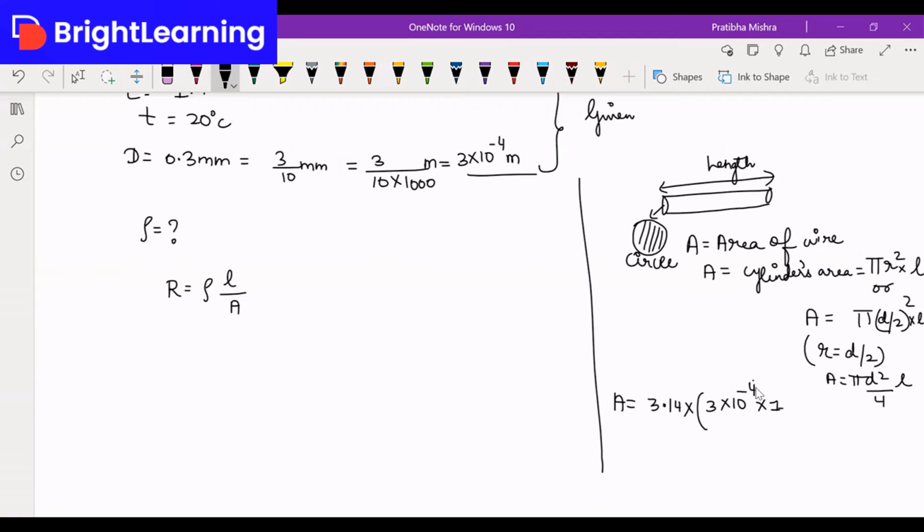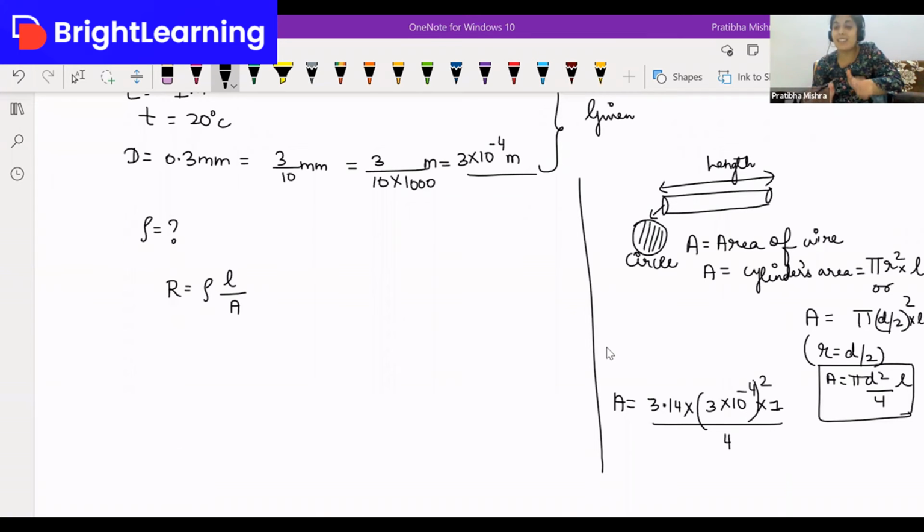So you can just square that up. Now length is 1 meter and then divide it by 4, just like this. Even in maths, wires or pipes are cylindrical only, so that's why we take it.